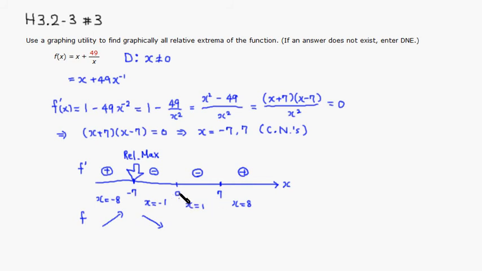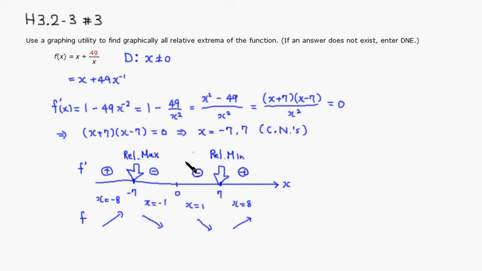And here we don't have anything because the function is not defined there. But when x equals 7, since it's going from decreasing to increasing, we know that this is going to be a relative minimum.